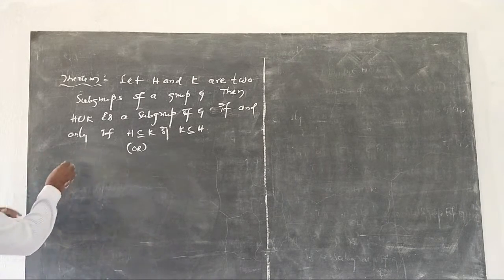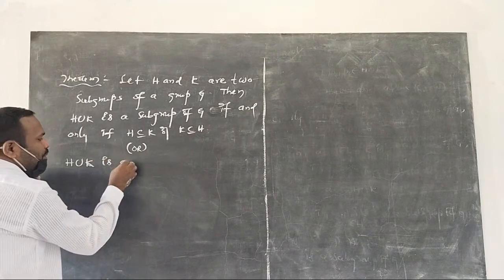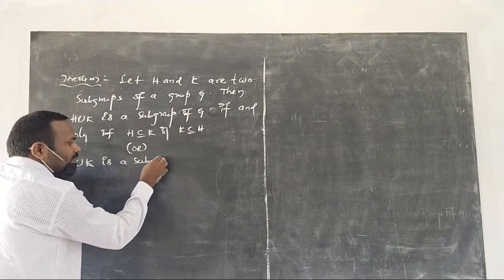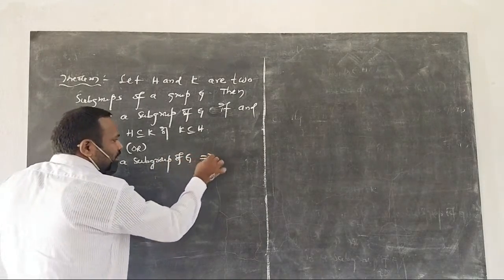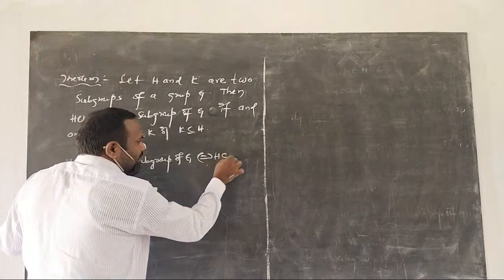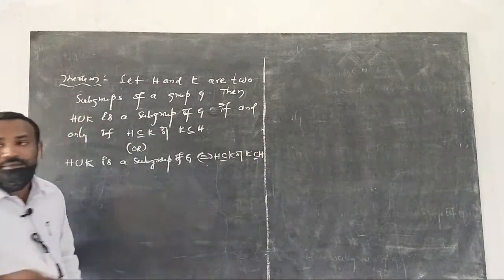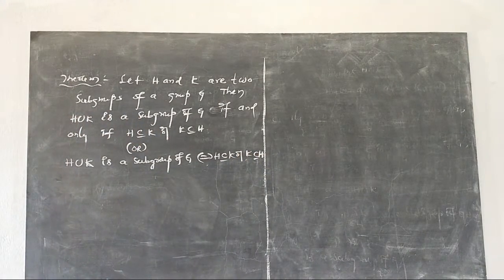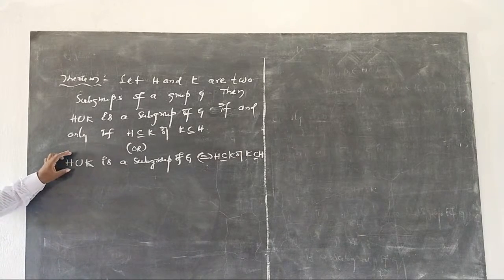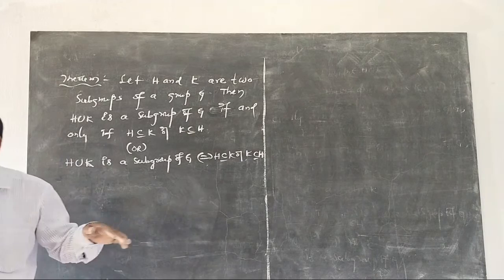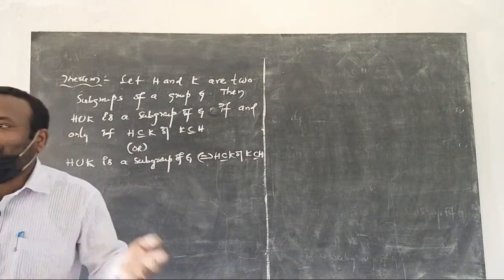Simply you can write this as: H union K is a subgroup of G if and only if H is a subset of K or K is a subset of H. This can be written like this. In the previous theorem, we have seen the intersection of two subgroups is also a subgroup.